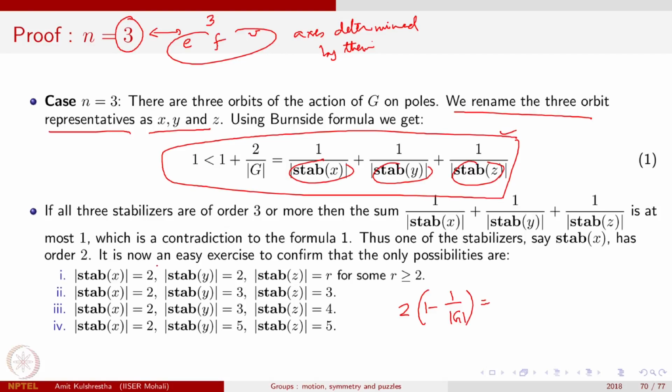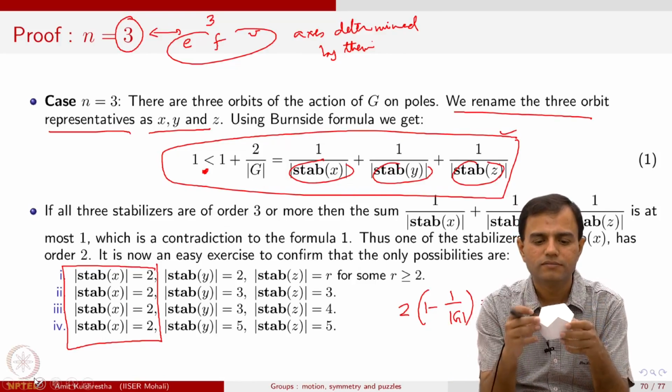So what we are therefore forced to is that one of the elements, say x, one of the representatives of orbits, has to have stabilizer of order 2. Otherwise, we can't have this inequality. So in order to respect this inequality, one has to have size of stabilizer of one of the orbit representatives equal to 2. What does it mean? It means that edges are there.